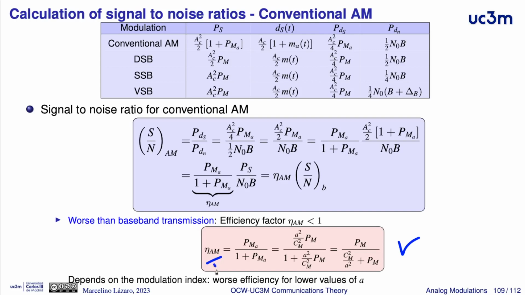And the factor that is measuring how much worse the signal-to-noise ratio is, is basically the ratio between the power of the modulating signal with modulation index A and 1 plus this power. Taking into account the relationship of this power with the power of the modulating signal through the modulation index A, the higher the modulation index, the better the performance. The lower the modulation index, the worse the performance.